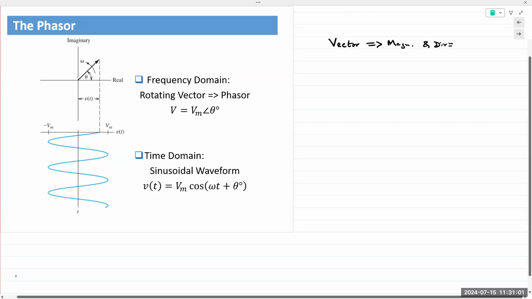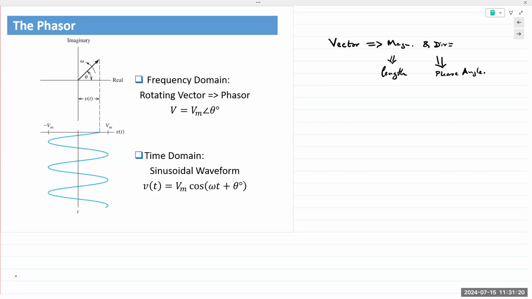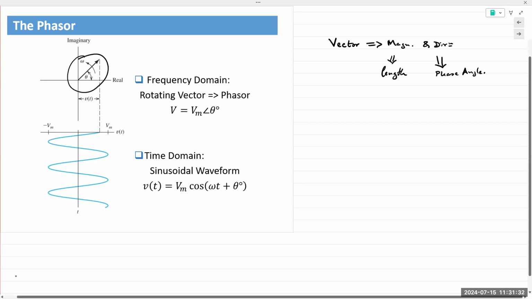The magnitude is the length of the vector. The direction is given by the phase angle, which comes from the phase of the waveform, in degrees. This is the reason we keep the phase as a separate quantity in degrees: we need that information to describe the vector for the source.